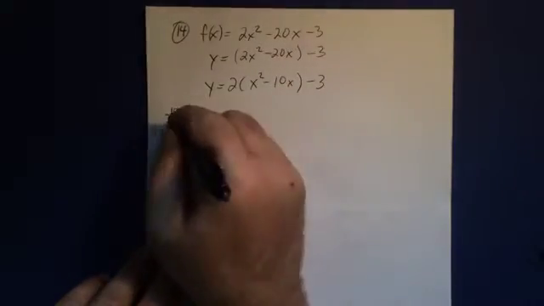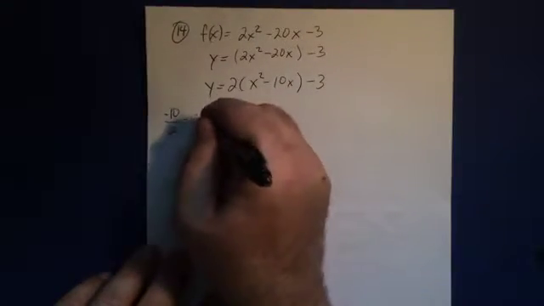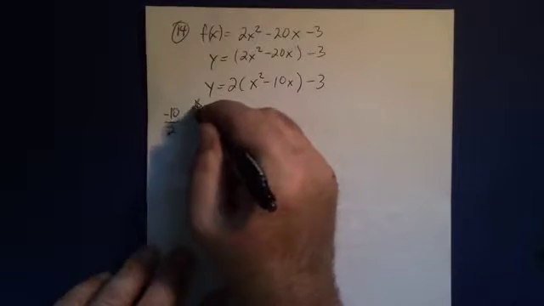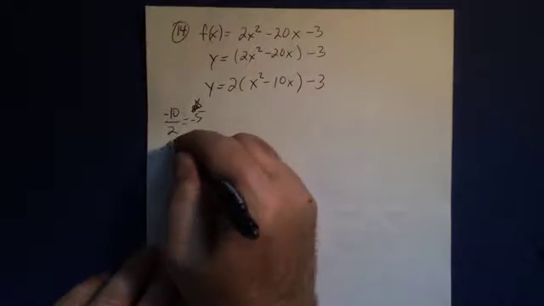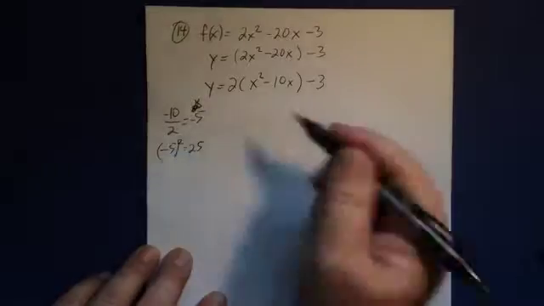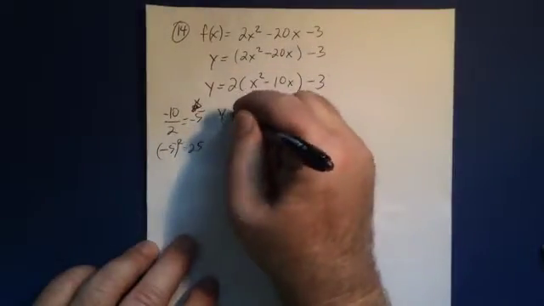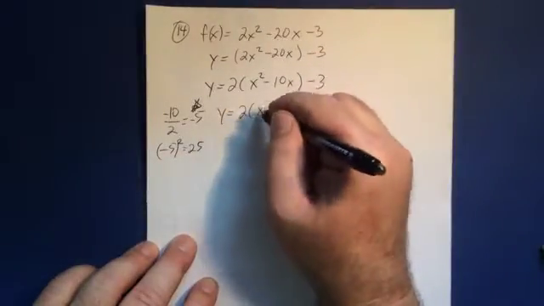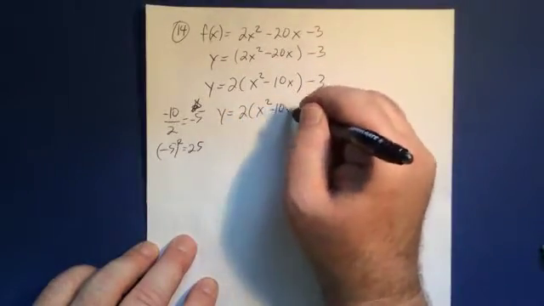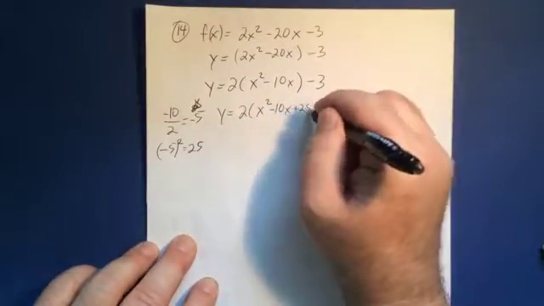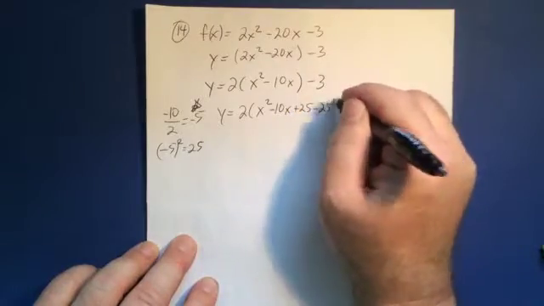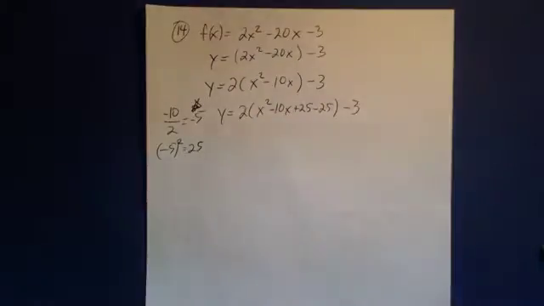I didn't miss the negative this time. Divide that by 2 to get negative 5. Star this. And then negative 5 squared is equal to 25. So on the inside of this, I'm going to write this as y equals 2 times x squared minus 10x plus 25 minus 25, minus 3.